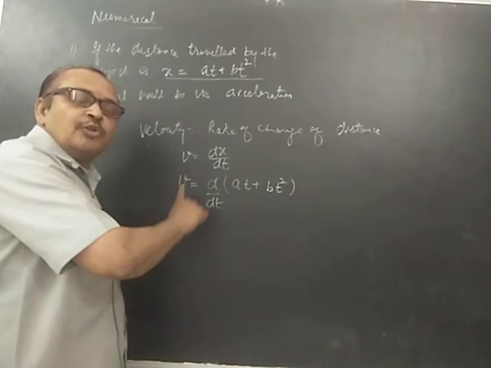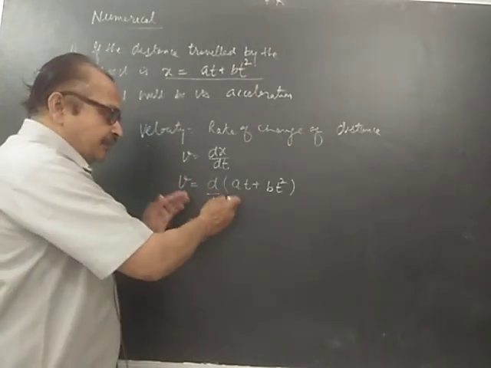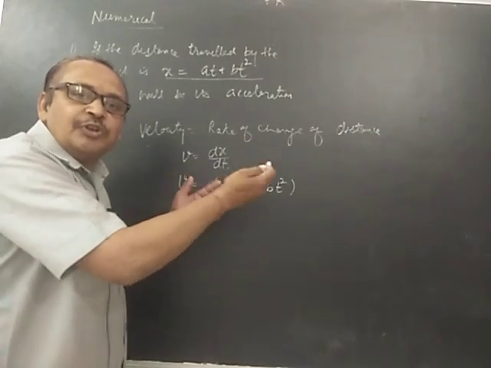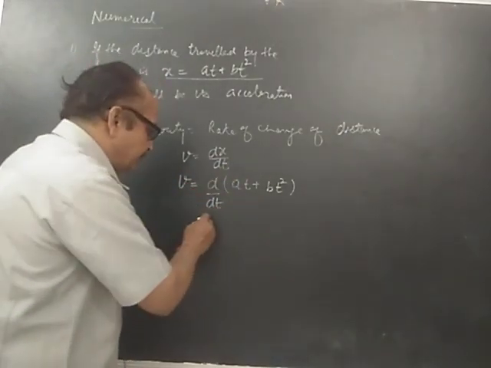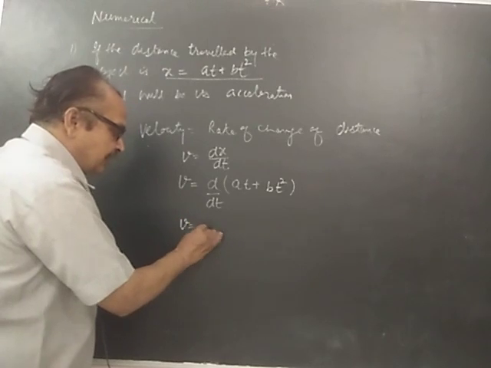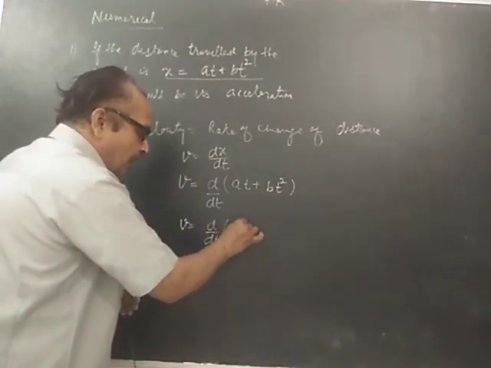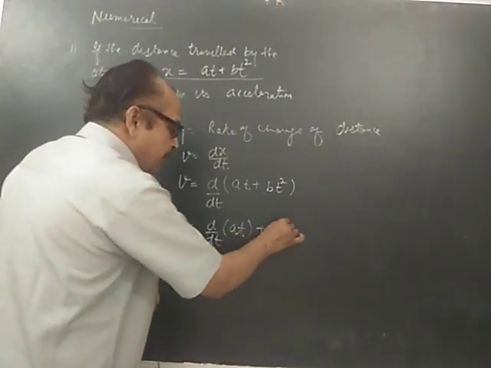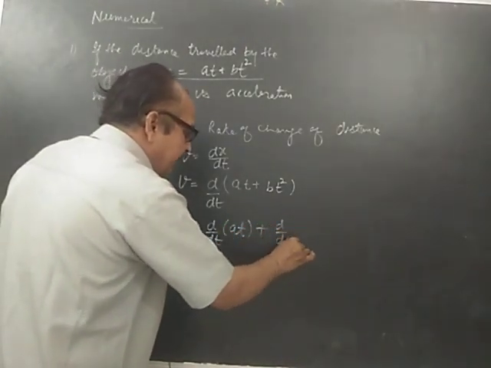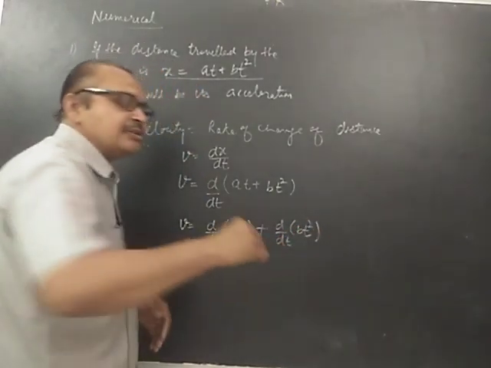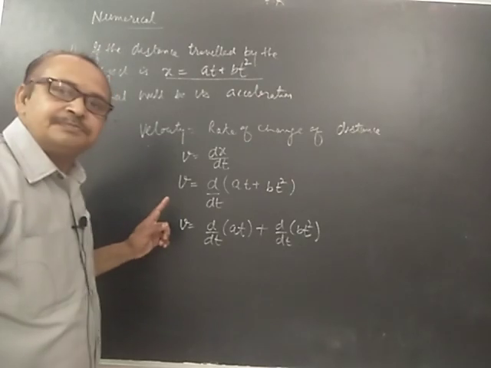And as I have told you in differentiation, if a function is a combination of two terms, we have to differentiate it individually. So v is equal to d by dt of at plus d by dt of bt square. Any doubt?